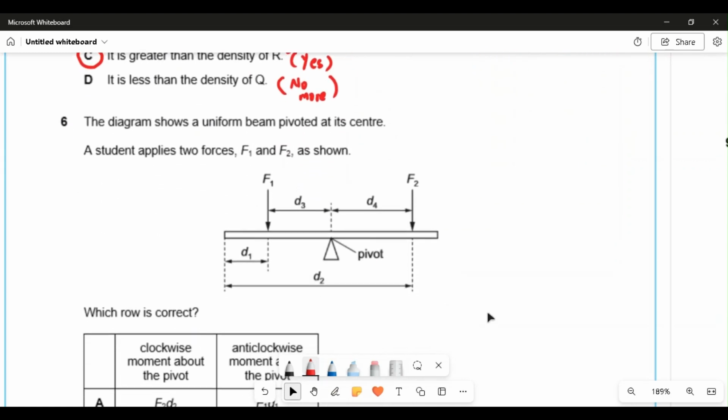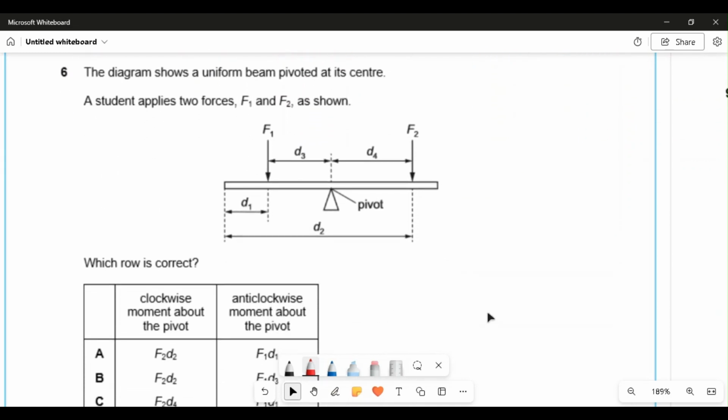Question number 6. The diagram shows a uniform beam pivoted at its center. A student applies two forces, F1 at this point and F2 at this point, and this is the pivot point.